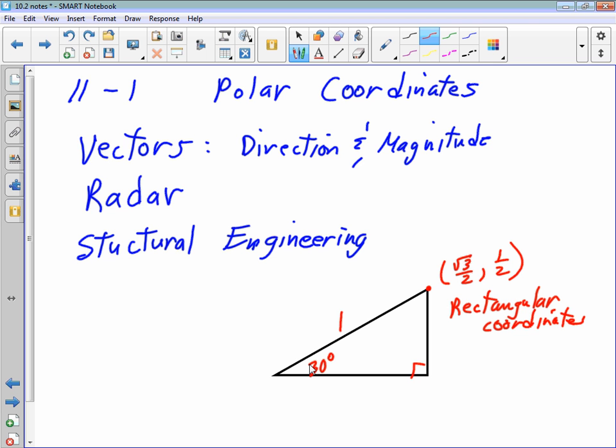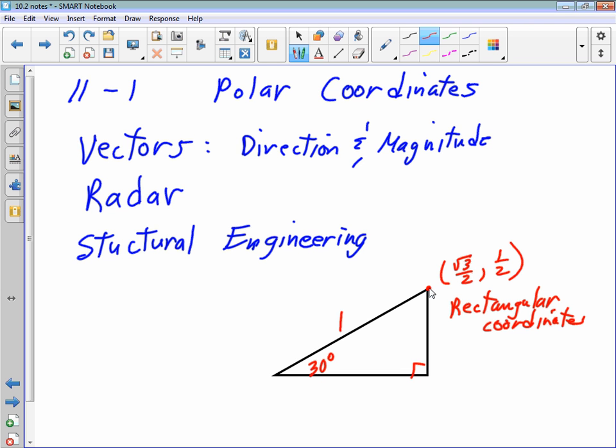We can easily say, for the same location, we can start here at 0, 0. We can go along the hypotenuse 30 degrees for a distance of 1. There we go again, direction and magnitude, 30 degrees for 1.